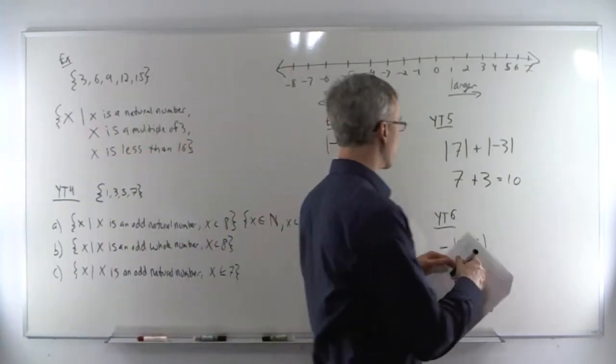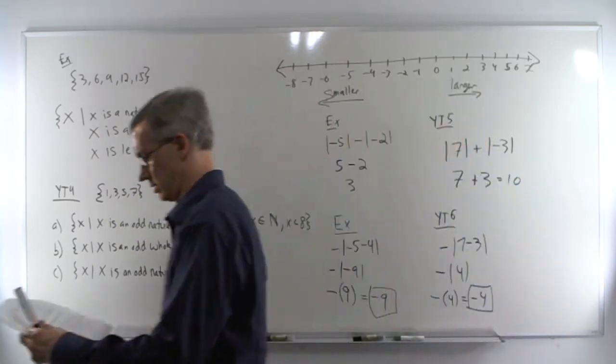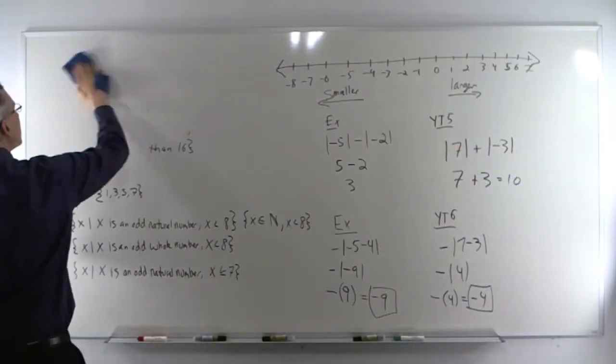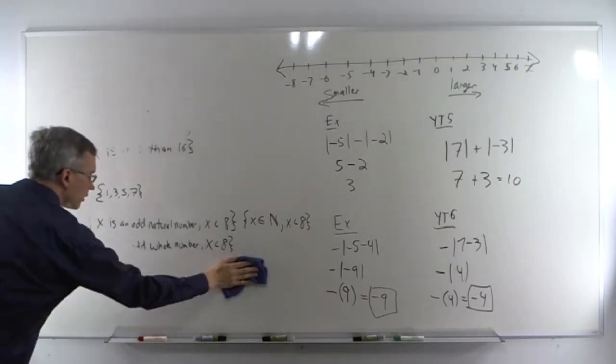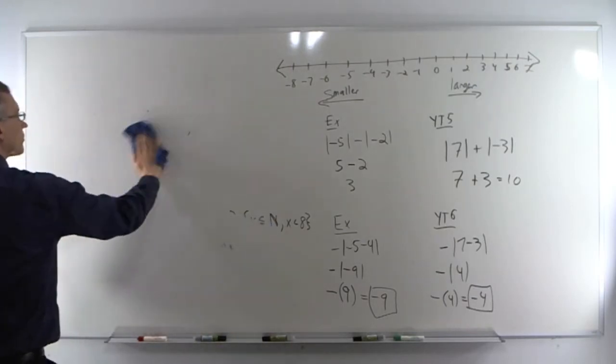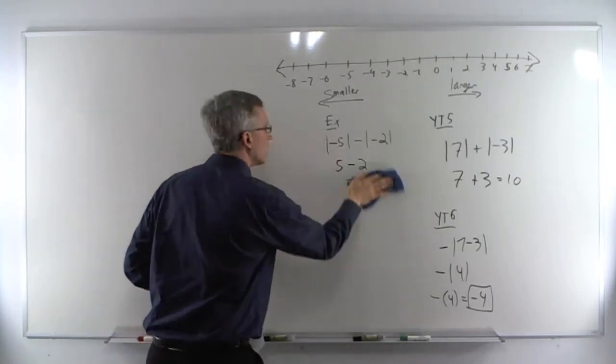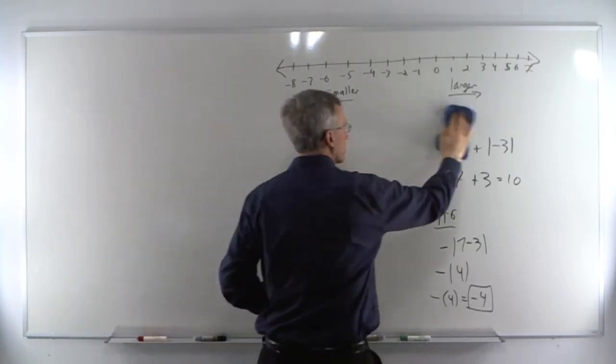So we can look at a statement like -5 is greater than -3. And we're going to figure out whether or not it's true.